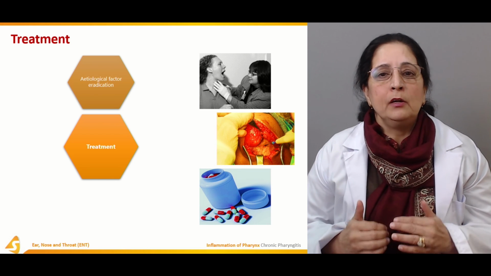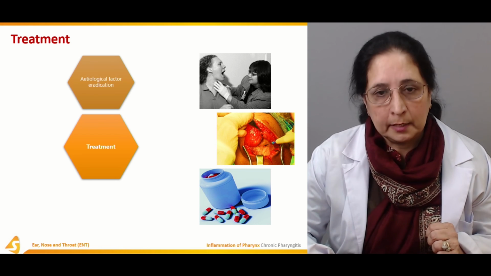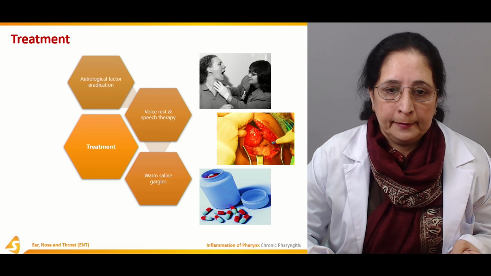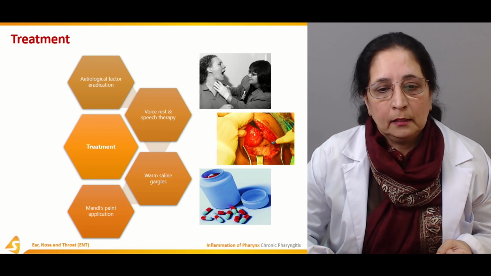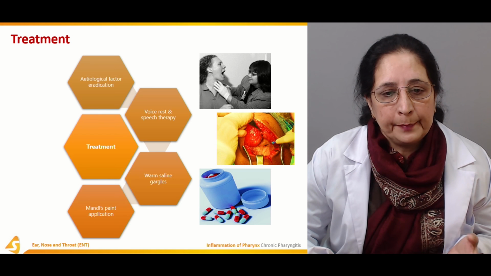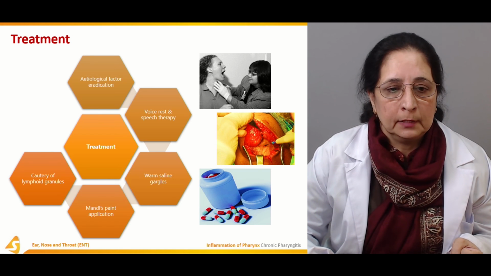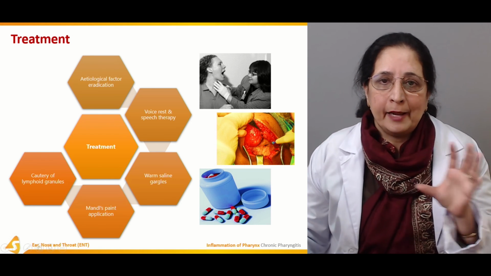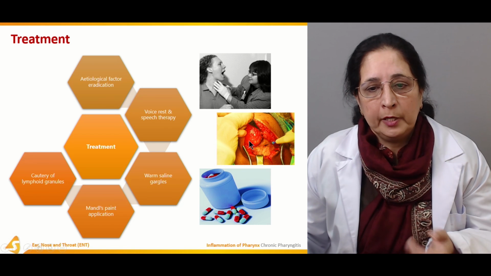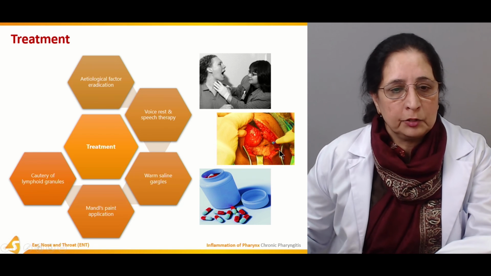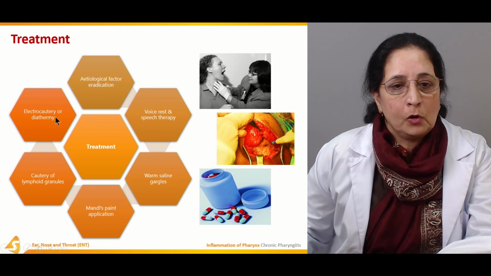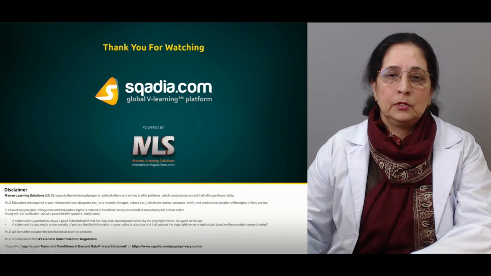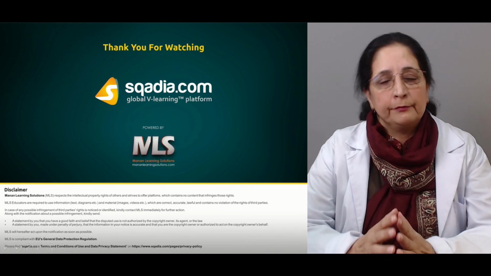So treatment of the underlying cause is important. Voice rest and speech therapy, warm saline gargles, Mandl's paint application, and cautery of lymphoid granules. The big granules present should be cauterized and destroyed by electrocautery or diathermy. So this was all about chronic pharyngitis.